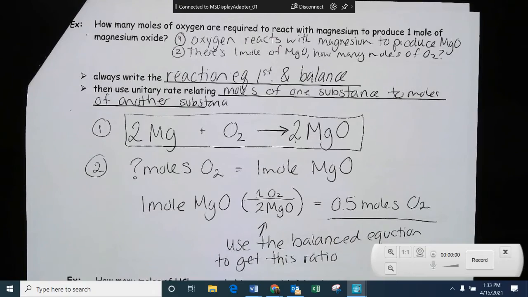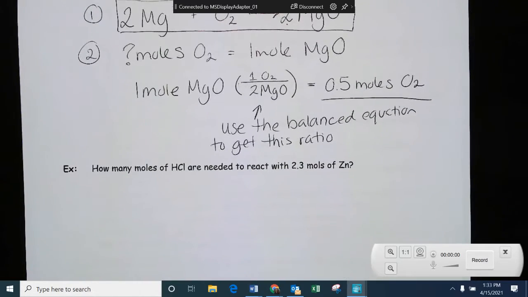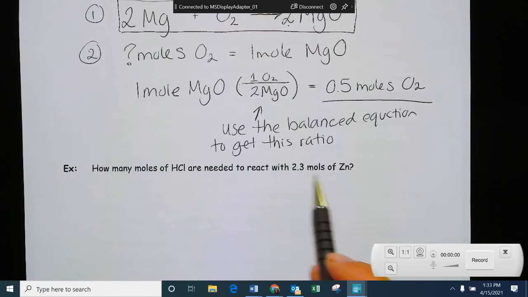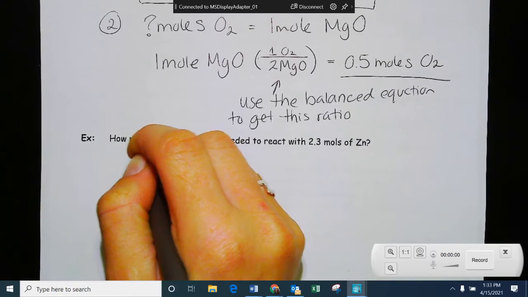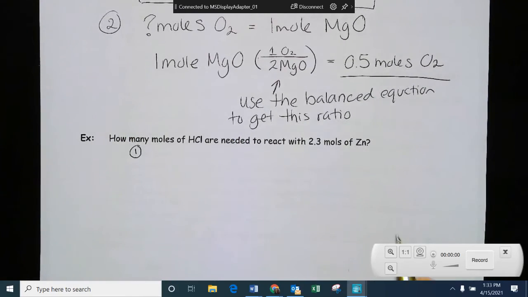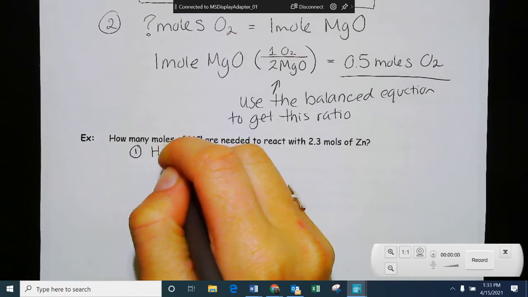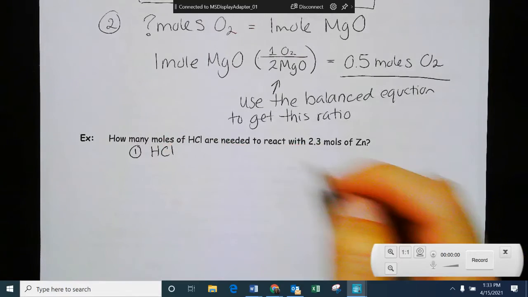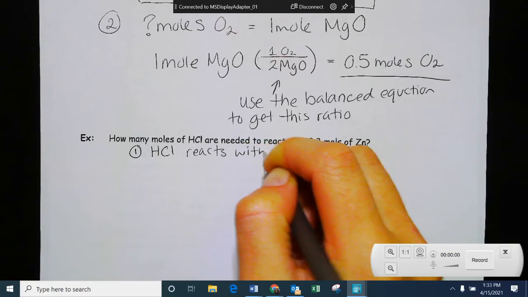Okay, so next question here is asking how many moles of hydrochloric acid are needed to react with 2.3 moles of zinc. So this is a 2-part thing. Part 1 is telling us the reaction. It's saying HCl reacts with zinc.